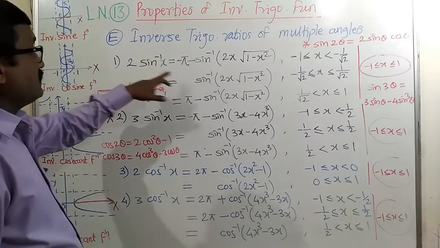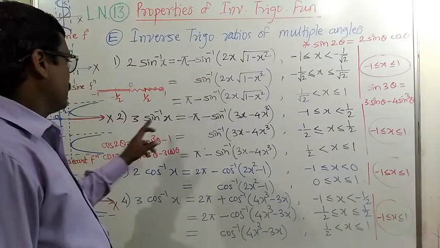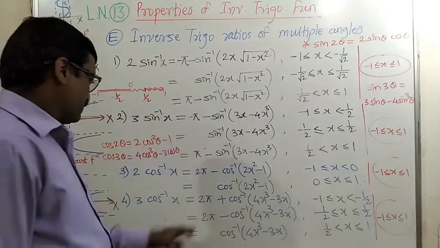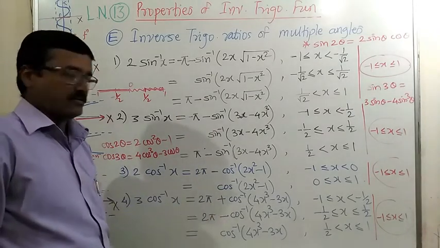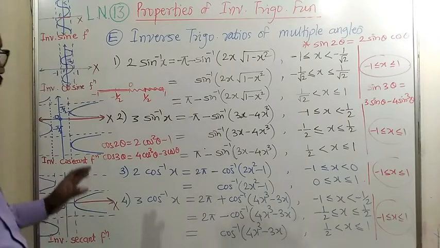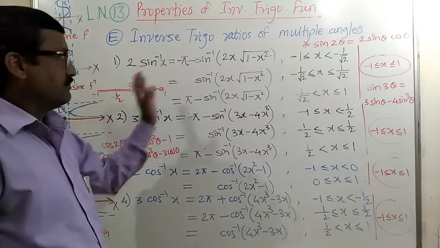Here is the relation between double sin inverse x and single sin inverse x, triple sin inverse x and single sin inverse x, double cos inverse and single cos, and triple cos inverse and single cos. Now let us see the relation between double tan inverse and triple tan inverse.